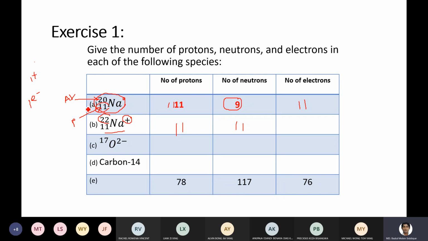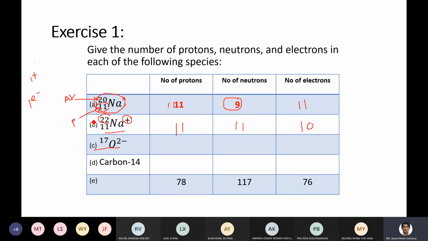Carrying a positive charge means the positive charge of the protons has not been balanced by, or is not equal to, the electrons it is carrying. That means it has one negative charge deficiency, and that is why it is positively charged. So it will have 10 electrons here, not 11. If it were 11, it would be just like this, no charge. But since it shows a positive 1 charge, it has 10 electrons, and 10 electrons neutralize 10 protons, but 1 proton extra shows this positive charge.